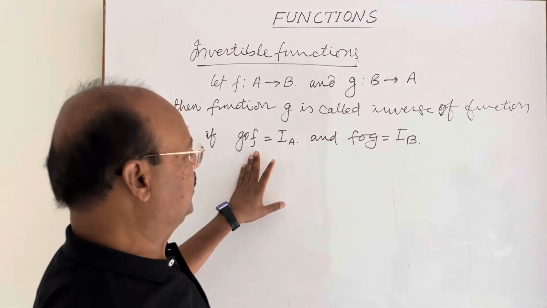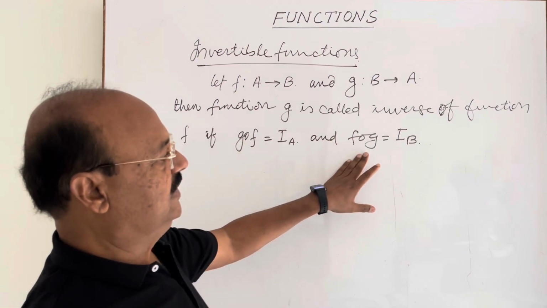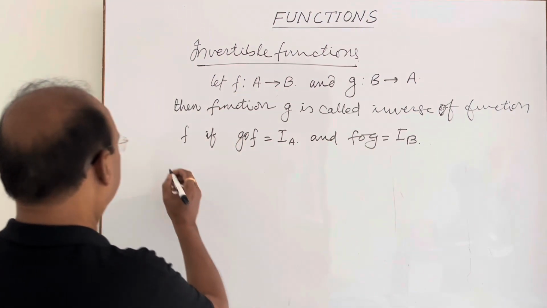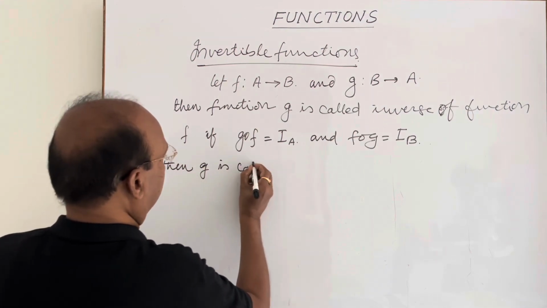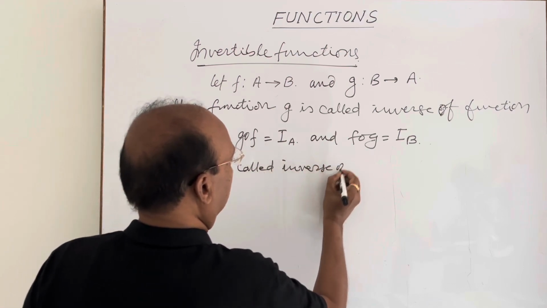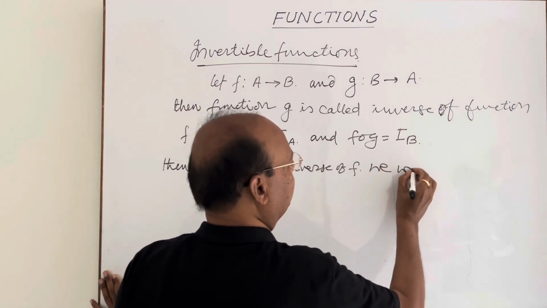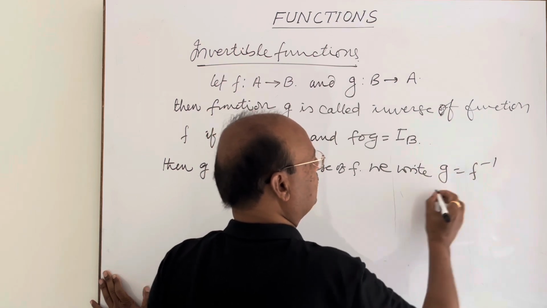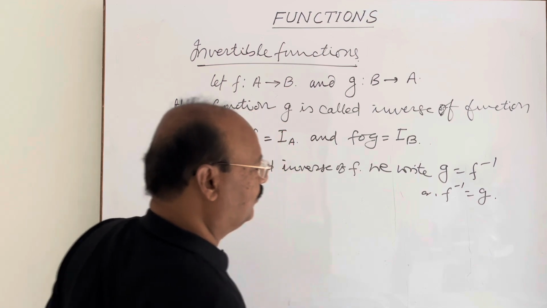So if g operation f is equal to identity function in A and f operation g is identity function in set B, then g is called inverse of f, and we write this g is equal to f inverse or f inverse is equal to g.